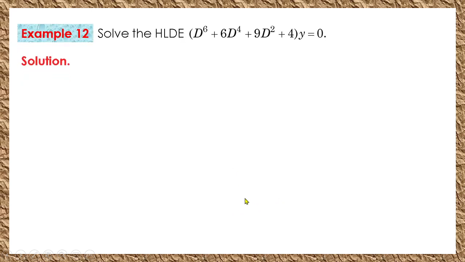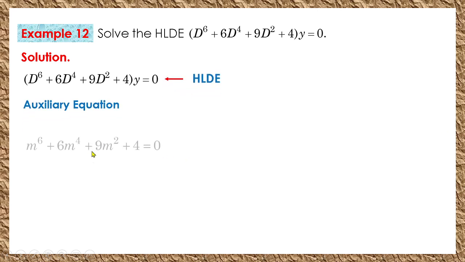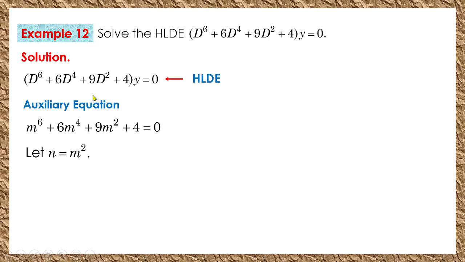Solve the homogeneous LDE. That's the associated auxiliary equation, m to the 6 plus 6m to the 4 plus 9m squared plus 4 equal to 0. Dahil lahat ng coefficients ng M, tsaka yung constant positive, at lahat ng M is even ang power, pag nag-substitute kayo ng any real number, kahit negative, kahit positive, hindi yan magsi-zero.